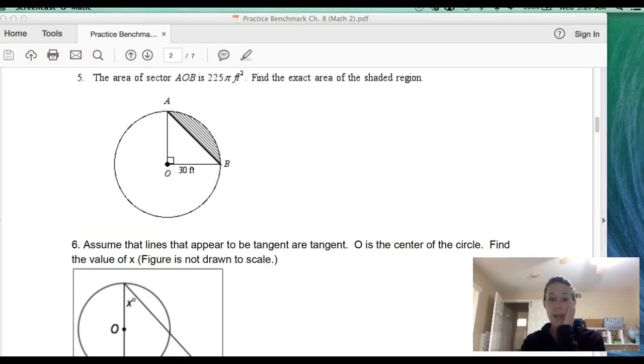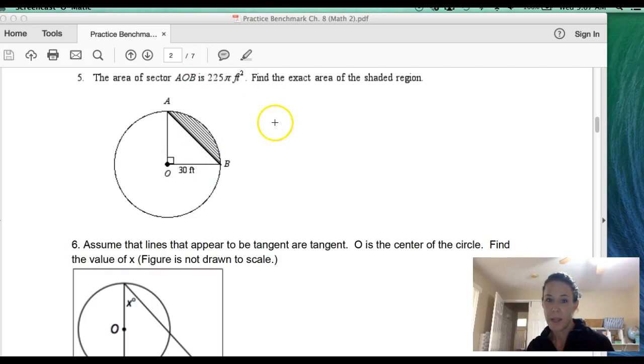All right, this one asked me to find the area of the sector AOB. It says the area of sector AOB is 225 pi feet squared. Now it wants me to find the area of the shaded region. I could easily find the area of this sector. It's given to me, but I could find it by doing 90 divided by 360 times pi r squared.